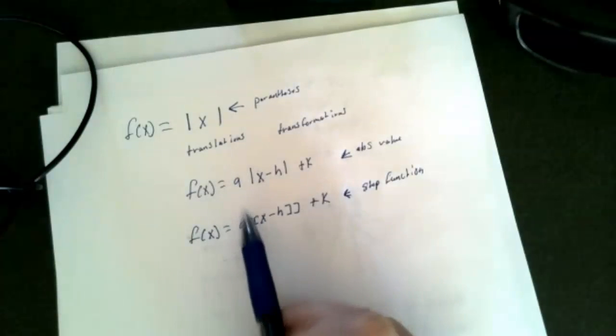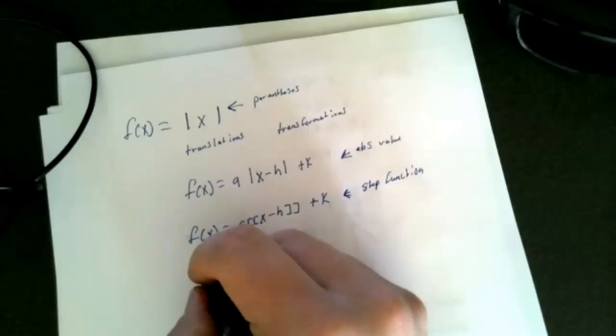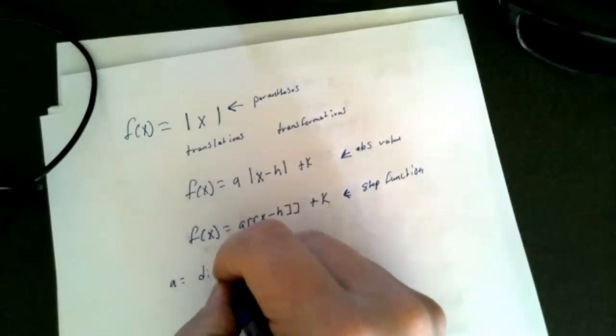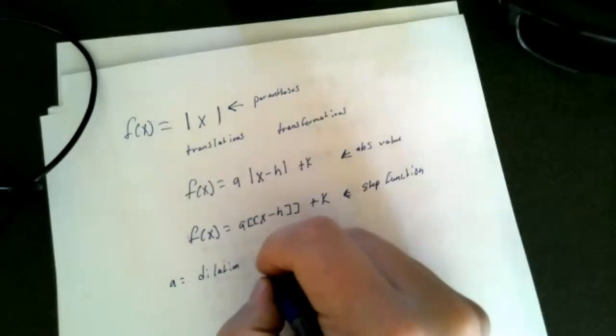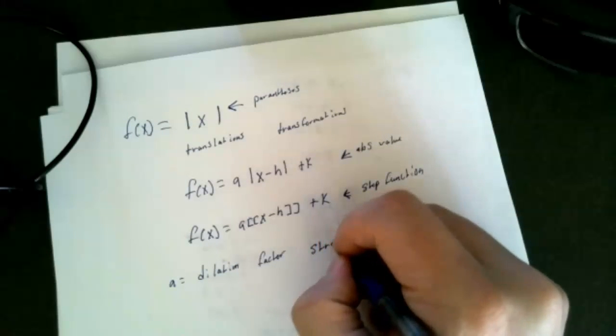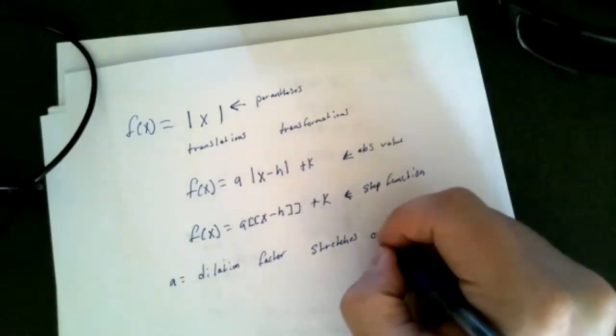A is what's known as the vertical dilation factor. This stretches or compresses the graph.